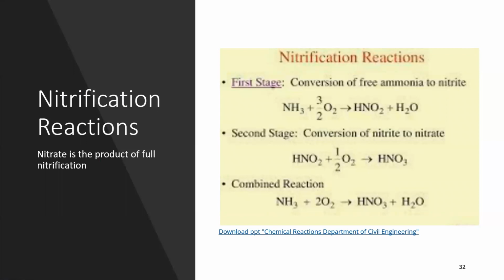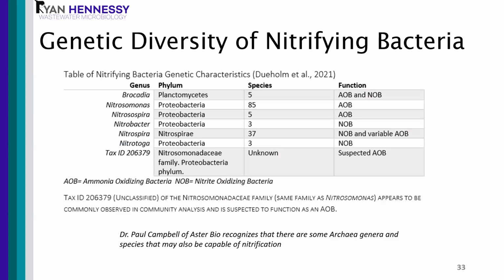The first stage of nitrification is the conversion of free ammonia to nitrite, and then the second is the conversion of nitrite to nitrate. So there are 2 steps, and there are very often 2 different genera of bacteria that are responsible for those reactions. When we look at the genetic diversity of nitrifying bacteria, we can see that there's a fair amount of different phyla that produce nitrifiers.